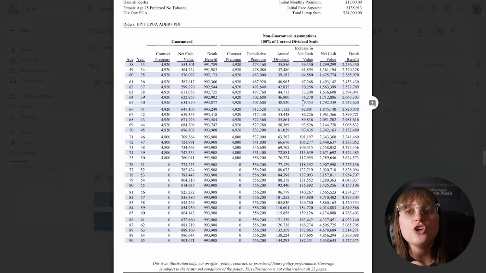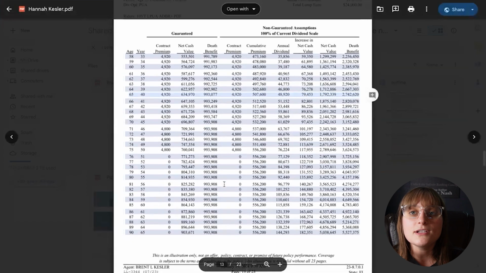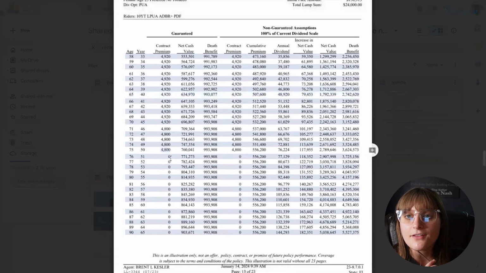Y'all, that is huge. That is huge growth that's happening in the policy just that year. Even look after here, after age 75, when we're forced to not make any more premiums inside of this policy, and the only reason it's showing like this is just because it's a different company, it's a different product.